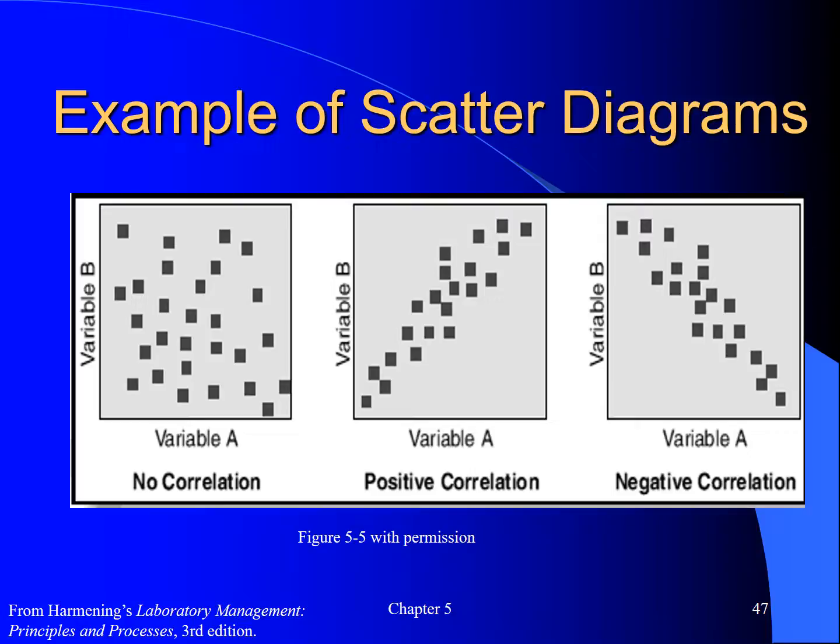If positive correlation is found, there is a defined, predictable relationship between the two variables. An increase in one variable is accompanied by a predictable increase in the other variable. This figure illustrates no correlation and positive and negative correlation.